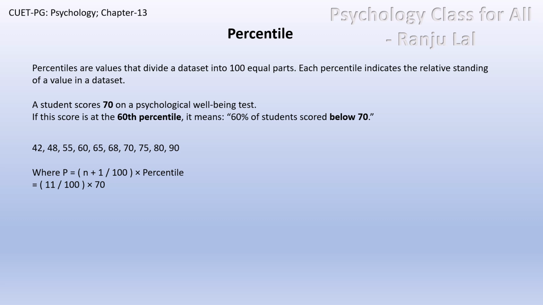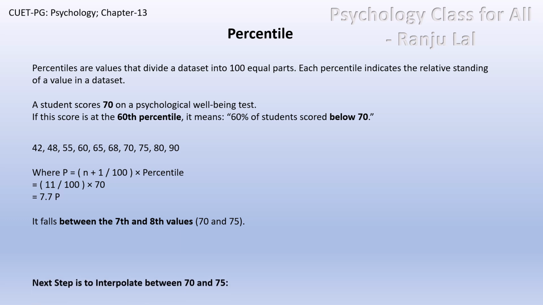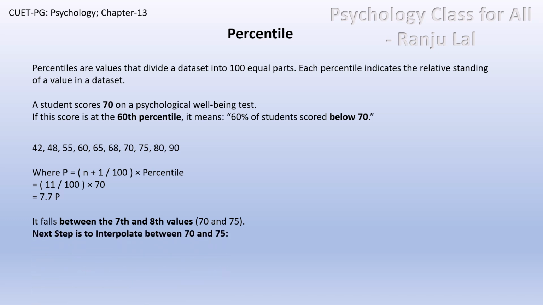So from 70 going forward to 75, we have the balance value as 0.7 out of 7.7. So the next step would be 70 plus 0.7 into (75 minus 70). The outcome would be 70 plus 3.5 is equal to 73.5.